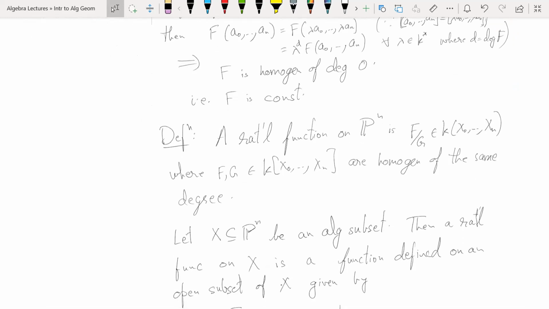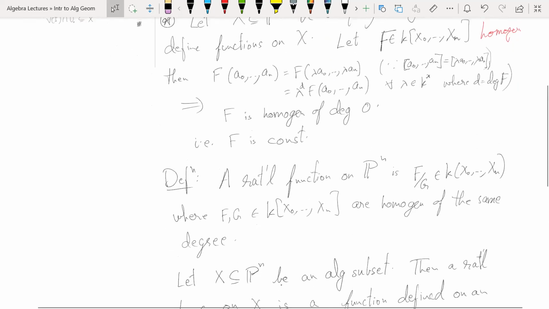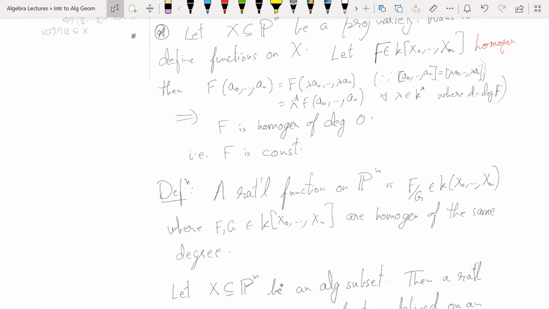So a rational function on Pn by definition is f over g, where f and g are homogeneous polynomials of the same degree. Because what we want is, if we just take f homogeneous and g homogeneous of different degree and we evaluate it on a point, then, if f is of degree d and g is of degree e, and you do this kind of calculation which we did here, you get f over g evaluated at (a0, ..., an) is lambda power d minus e.